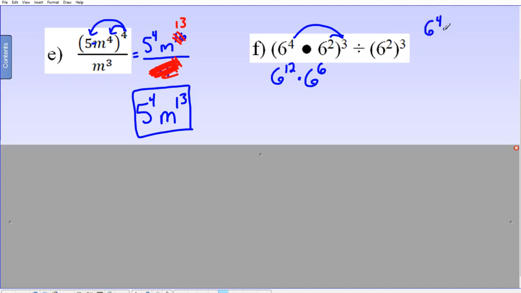6 to the 4th times 6 squared, all to the 3rd power, divided by 6 squared to the 3rd power, like that. So when I did this distributing, basically I simplified the top of the fraction. And now when I distribute here, I'm simplifying the bottom of the fraction.